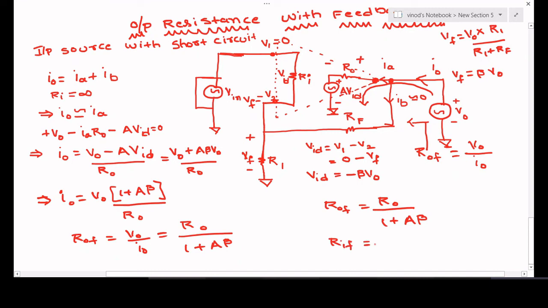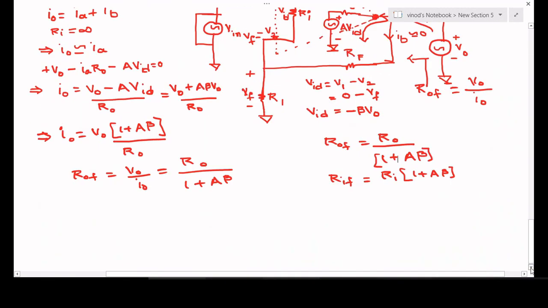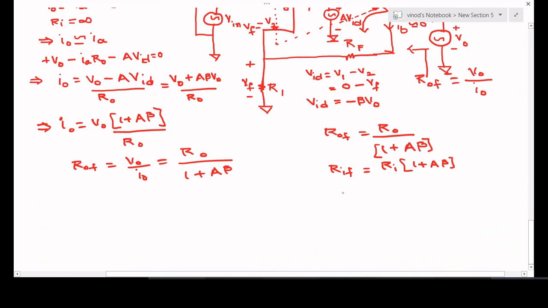RIF is nothing but RI into 1 plus A beta, and AF is nothing but A by 1 plus A beta.